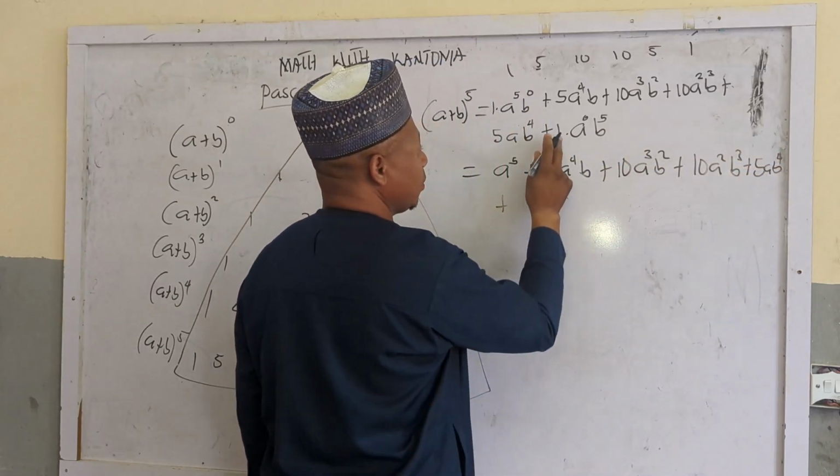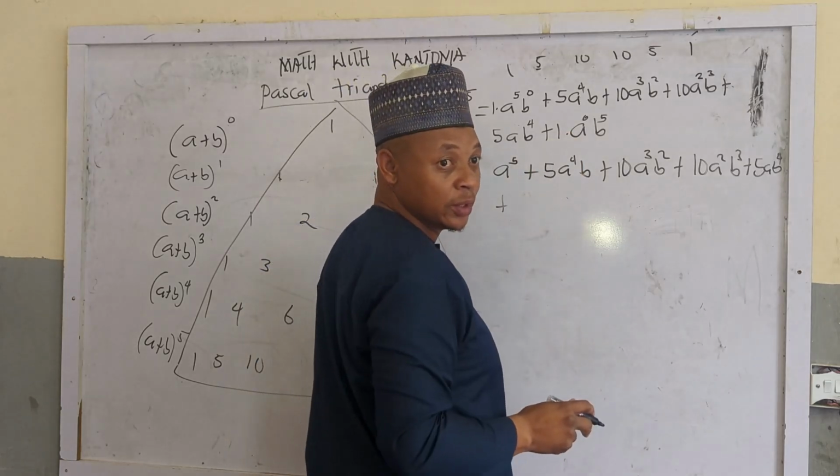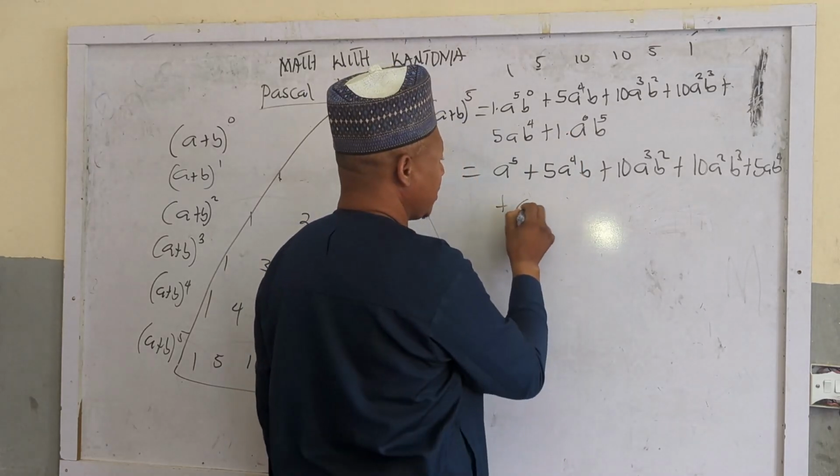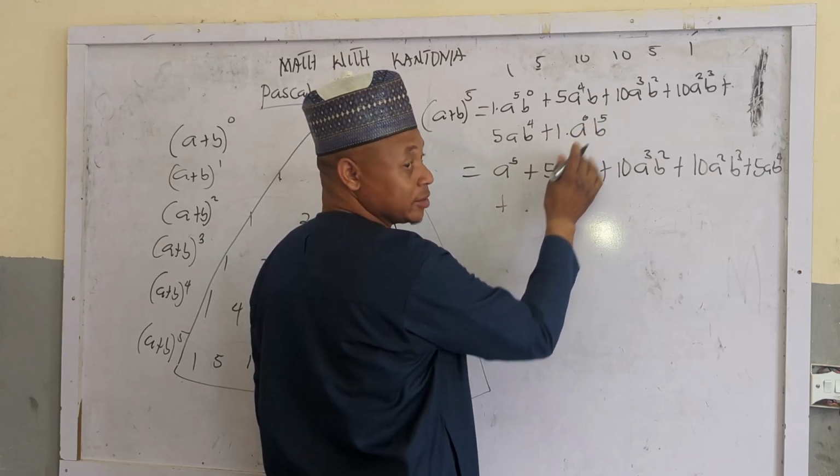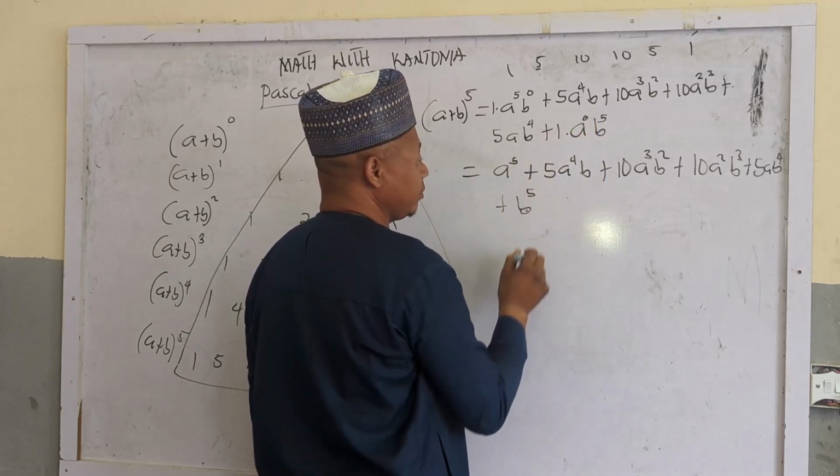Then plus 1 times a raised to the power of 0, which is 1, times b raised to the power of 5. I have b raised to the power of 5.